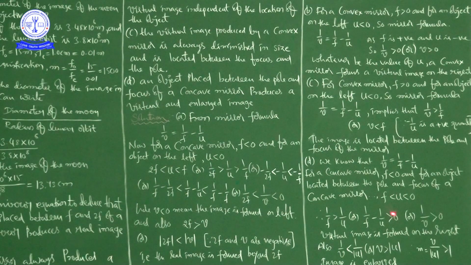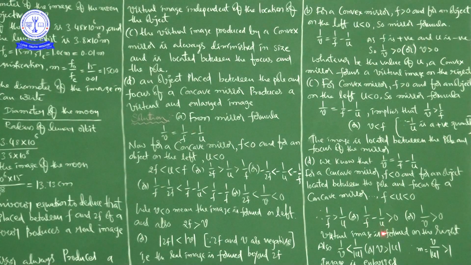When it is correct, you can say that 1 by f is greater than 1 by u, or 1 by f minus 1 by u is greater than 0, or 1 by v, because 1 by f minus 1 by u means you can write 1 by v, no? So 1 by v is greater than 0, right? So when 1 by v is greater than 0, you can say that the virtual image is formed on the right.